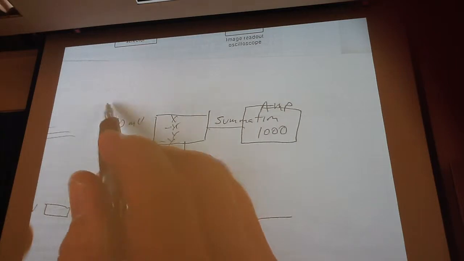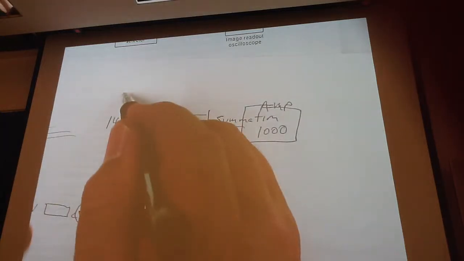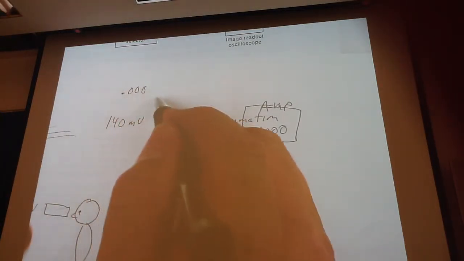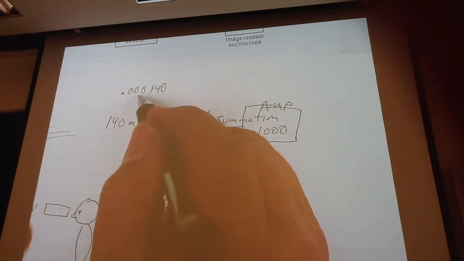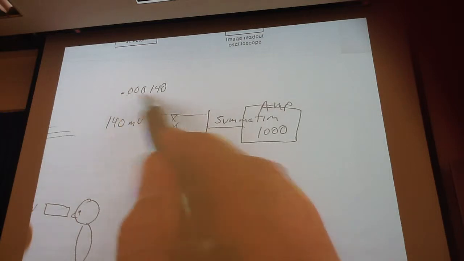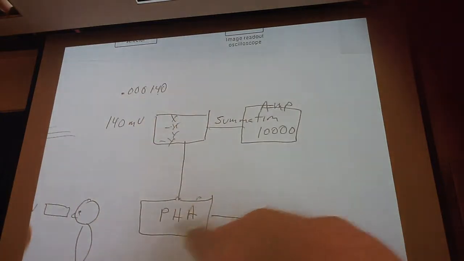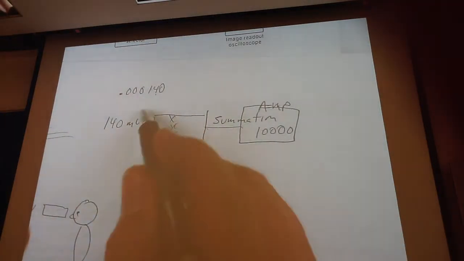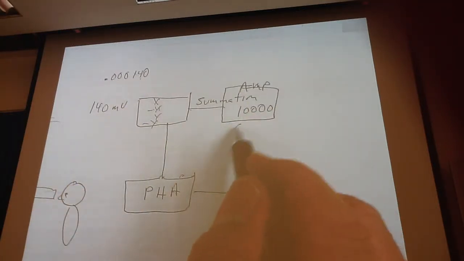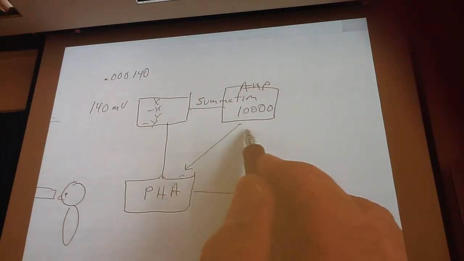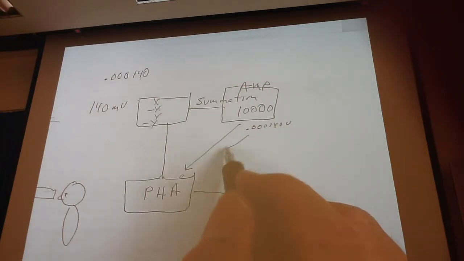So 140 millivolts multiplied, that's 0.140 volt, right? If I multiply this by a factor of 10,000, that would raise that to 14 volts, right? So this is my amplifier here. Right now, anything coming to this amplifier is going to be multiplied by a factor of 10,000. So now we have 0.0140 volt being amplified to 14 volts.